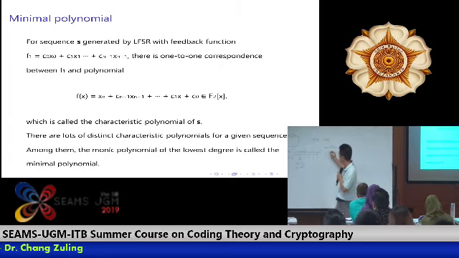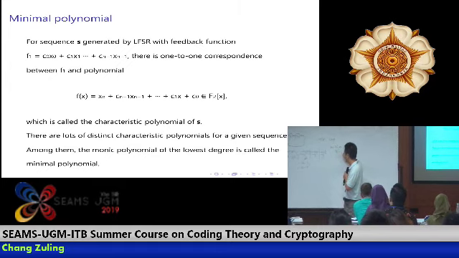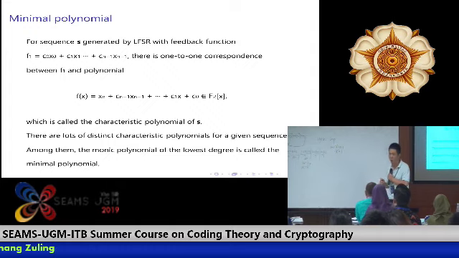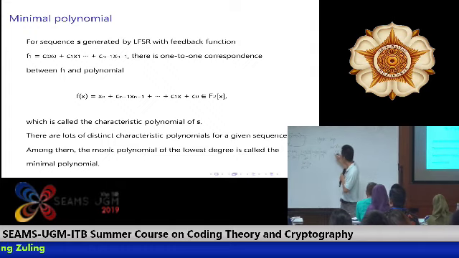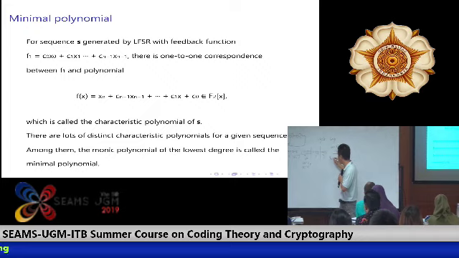Another one is x to the 7 plus 1. Why? Because this polynomial corresponds to the function s_{k+7} equals s_k.